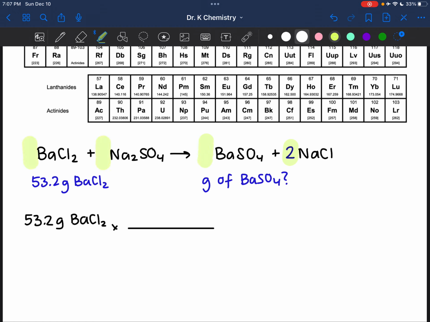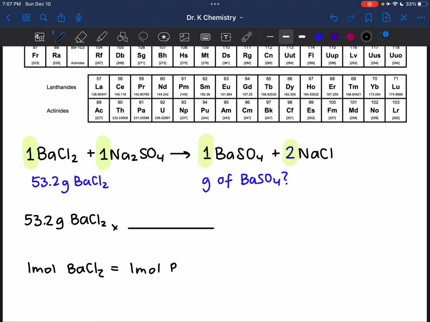Now notice that there are no coefficients listed before barium chloride or sodium sulfate. That really means that all of these coefficients are 1. So for every 1 mole of barium chloride, we're going to produce 1 mole of barium sulfate. Once we have that information, we can convert one to another.